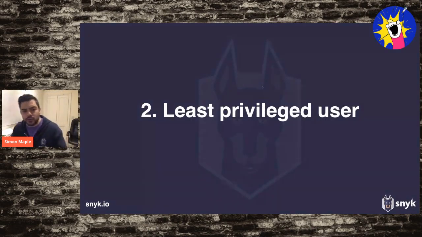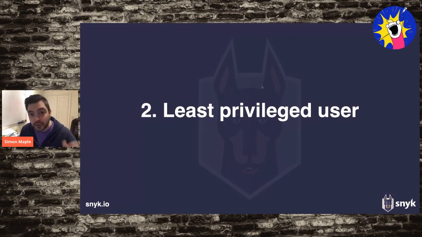One of the other things that we're going to talk about here is the least privileged user. And what do we mean by this? Well, we see a number of users running as root, and we think it's the cliche, surely no one will do that. But one of the key things is in a Dockerfile, if you don't specify a user directive, then it will actually default to root.